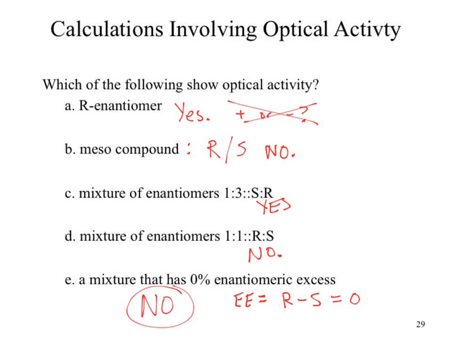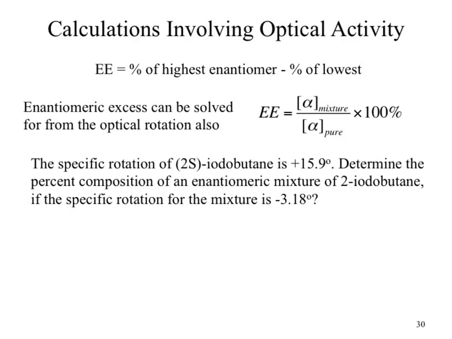Okay. So the last part I kind of want to skip through a little bit. This is going back to our enantiomeric excess, shown as capital E. This is the percent of our higher enantiomer minus the percent of our lower enantiomer. So whatever our solution is, we may end up saying the R is in excess or the S is in excess. It can also be determined by looking at the optical rotation.